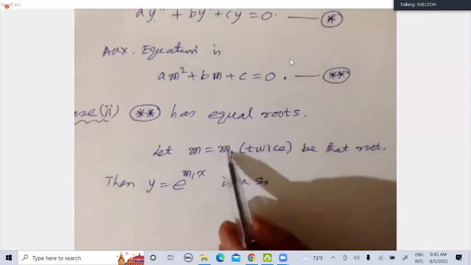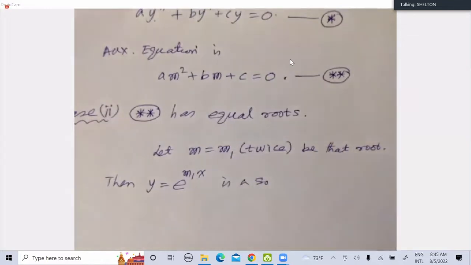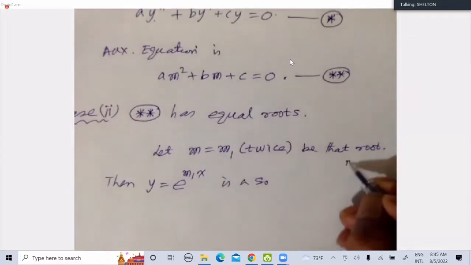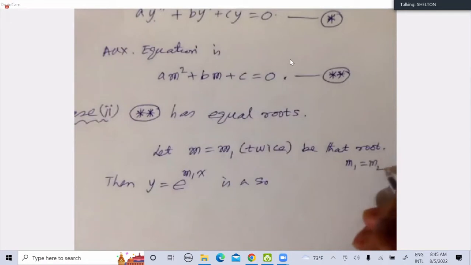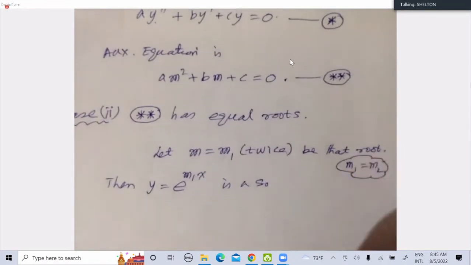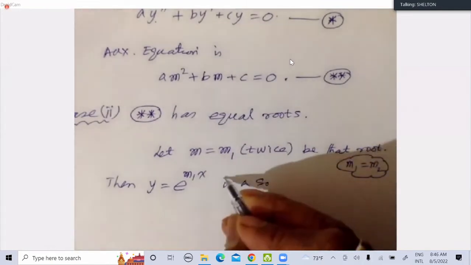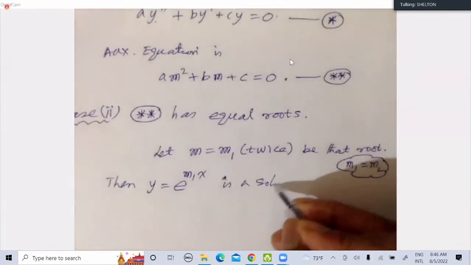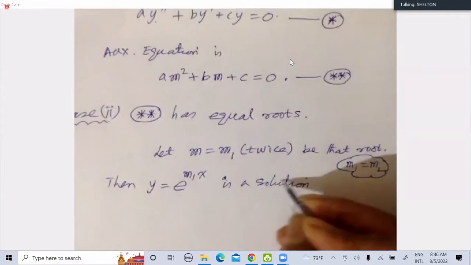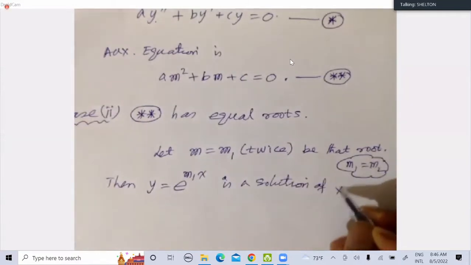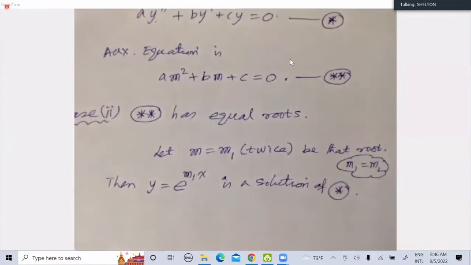M1 and m2 are equal, so e to the m2x is also e to the m1x. So we can only get one solution. This is a solution of star.